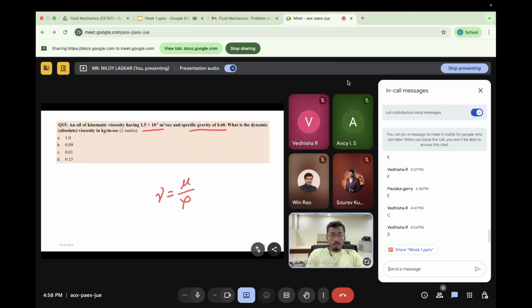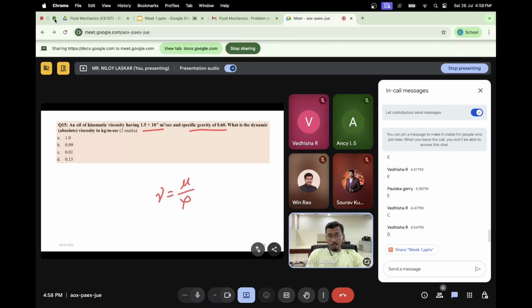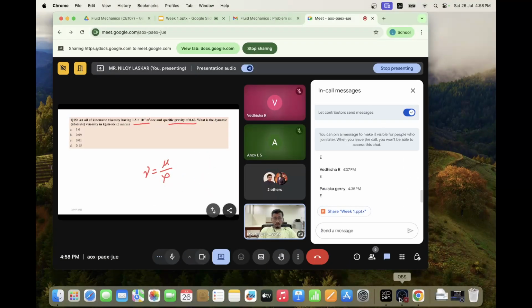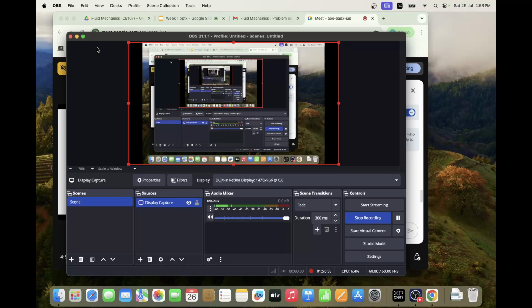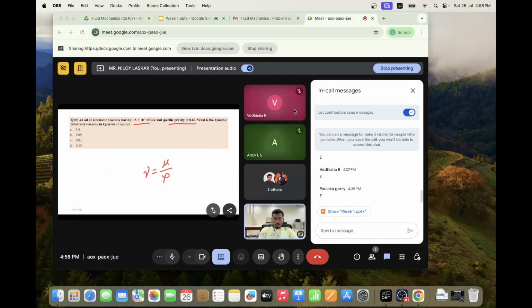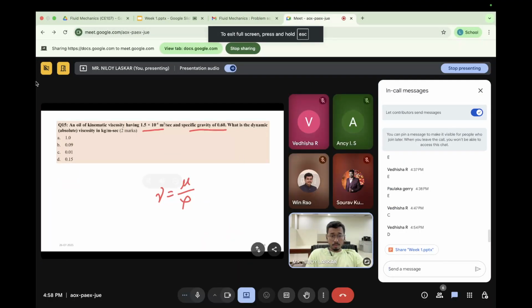So please solve. So those who are present, please try to solve.